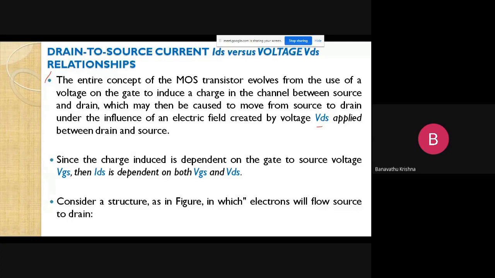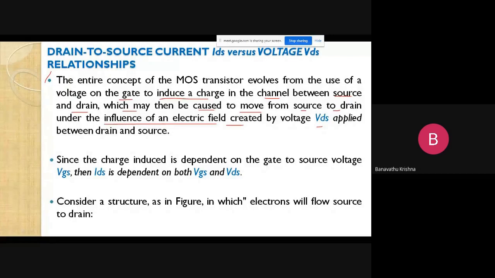Once again, the entire concept of MOS transistors evolves from the use of voltage, which is nothing but the gate voltage. Due to this gate voltage, the charge is induced in the channel between source and drain, which may cause charge carriers to move from source to drain under the influence of the electric field created.